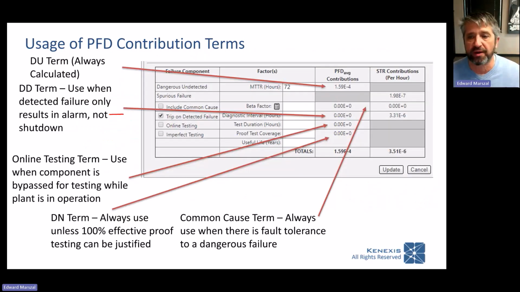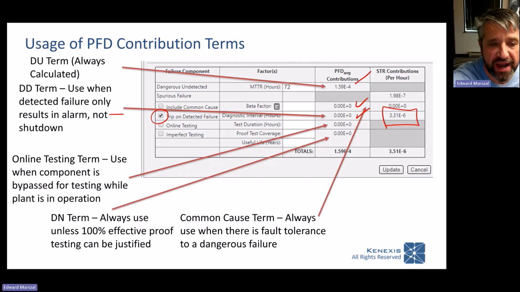So once again, this is where all of these things go in the Vertigo SIS software. We have our DU term, we have our common cause term, we have our DD term, which if we say trip on detected failure, it's going to shove that number out as a spurious trip.